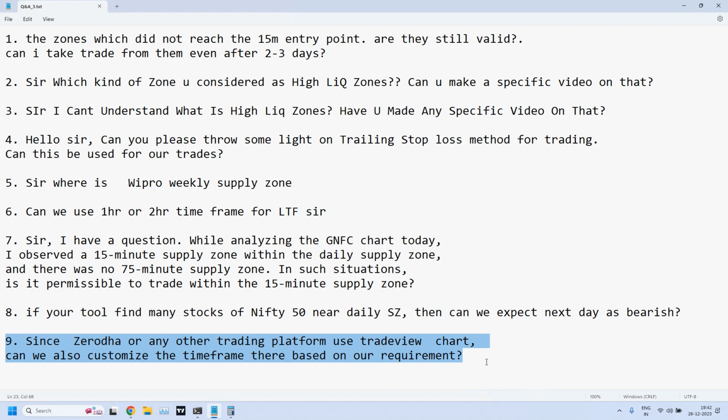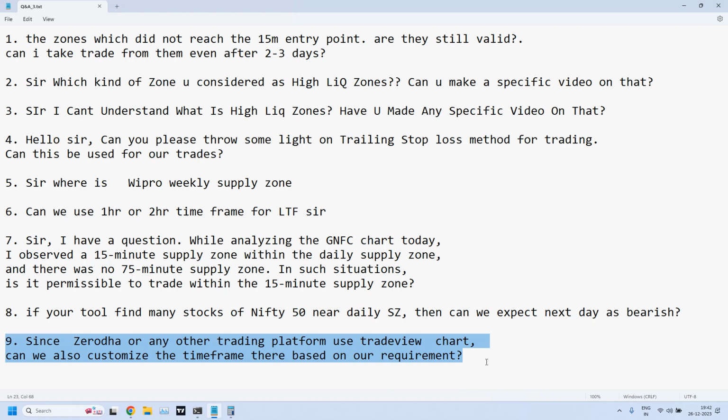They provide TradingView, and there you can customize a 75 minute time frame. If that is the case, why do you want to waste your money by paying for the professional package?